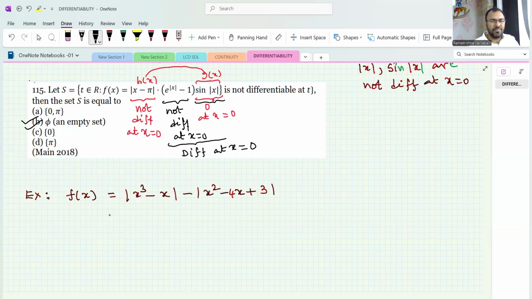Now you see that I can factorize this. This is x into x square minus 1. First, I will factorize it and see whether I can take something common. x minus 1 into x minus 3.